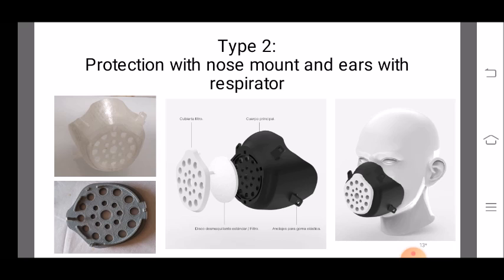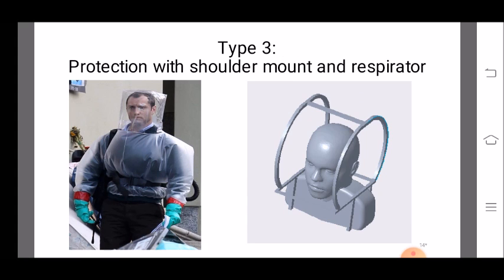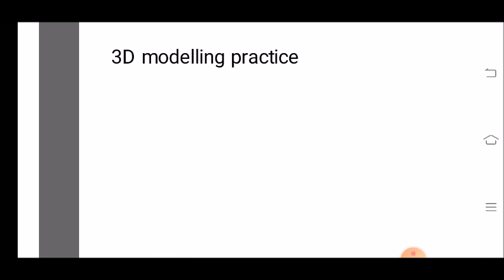In case of nose mount respirators like N95, we are going to define a design which will help us to place a filter at the center from which air alone is allowed to go in and out, and then we'll be designing a shoulder mount which covers the whole body if we are working with the basic material or plastic assembly.